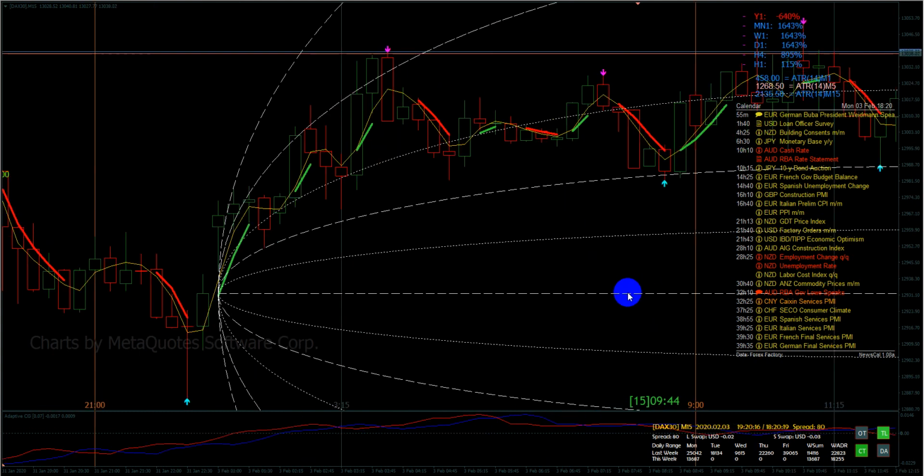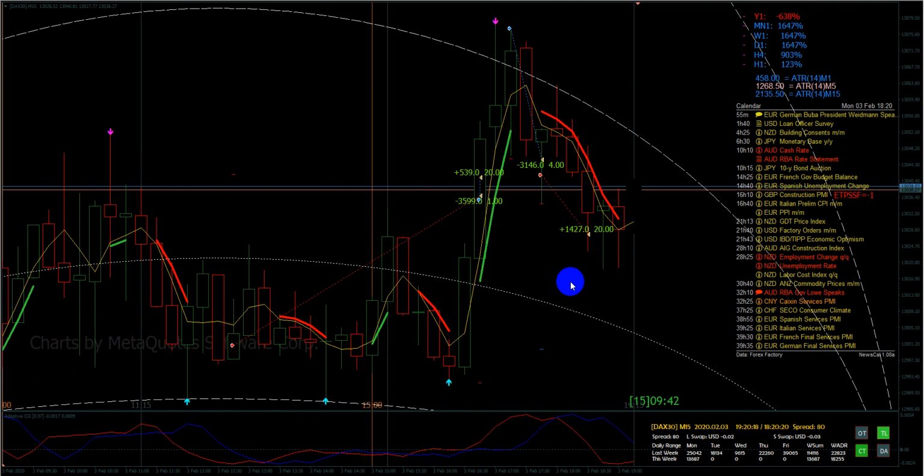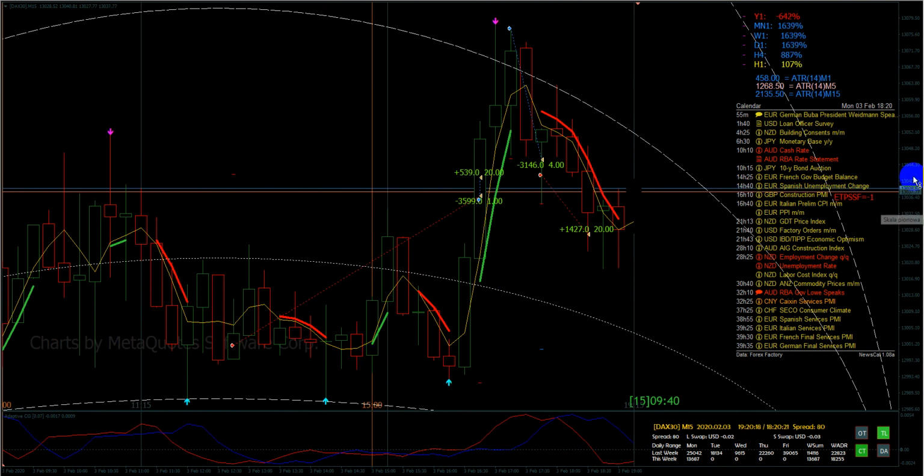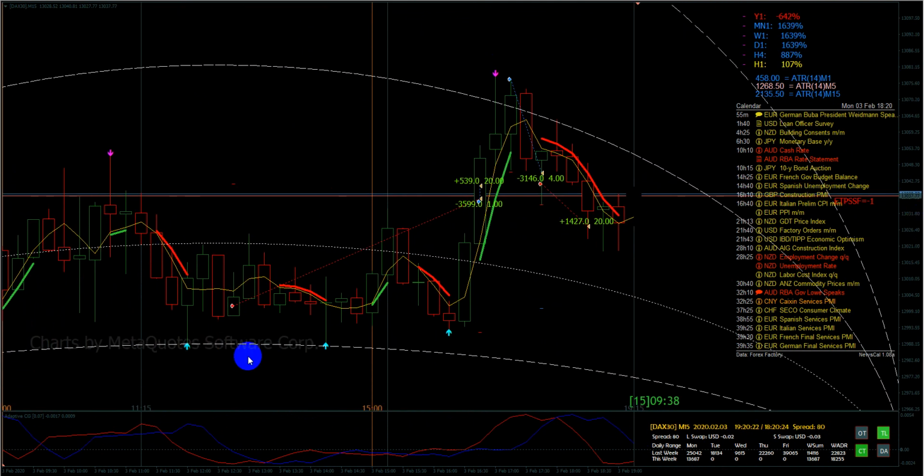It took quite a long time, but I was able to figure out that the market's been bouncing off some support. I got three buy signals right here, down there. The market was trying to go up and going back down, but every time it went back down, it bounced back up.